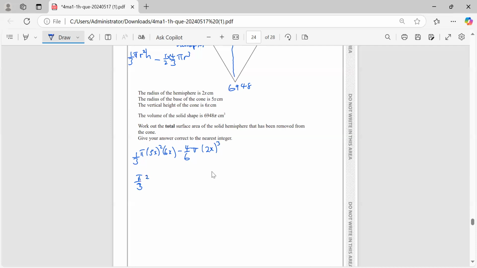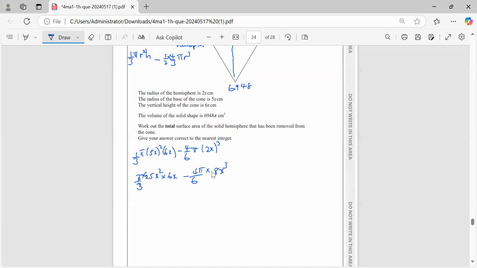Because we're multiplying all that, we also have 6x minus 4 pi over 6, and if you cube 2x, you're going to get 8x cubed.